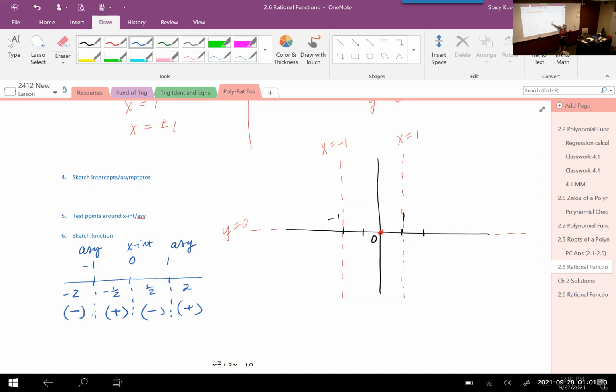Between 0 and 1, it's negative, so it's below the x-axis. And then on the right over here, the function itself is positive. And if you go to the graph part of your calculator, that's what it should look like.